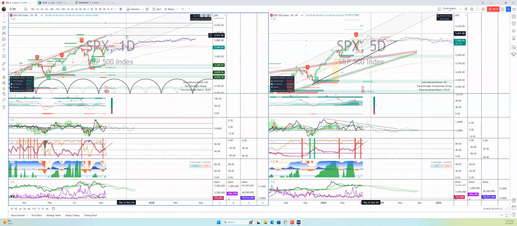You got the SPX 5,900 and some change, 6,130, some change, 6,260 or 70 round up. That's the upward projections, and you got the down ones over here at 5,200, some change, 5,000 and some change, and 4,900 and some change, which are these ones right here on the 5-day. This one, and this one.